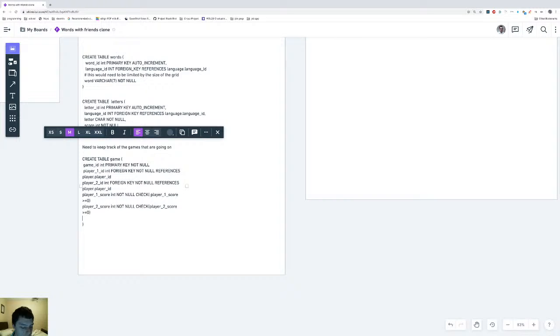Cool. So I would check if the score is greater than 0. Right. So now I think we have the basics here. Have 2 player IDs and their scores, right?